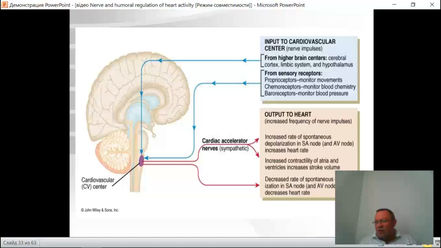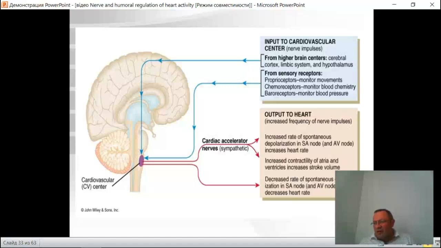Output to the heart: increased frequency of nerve impulses gives the effect of increased rate of spontaneous depolarization in the SA node and AV node and increased heart rate. Next effect, increased contractility of atria and ventricles increases stroke volume.